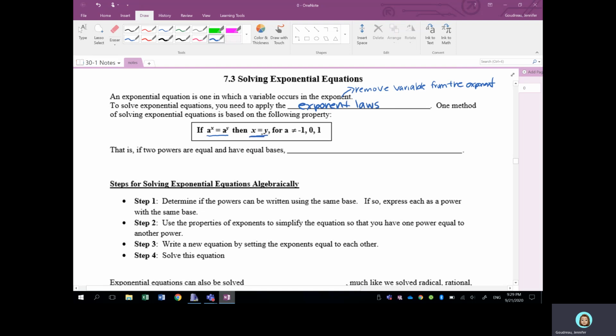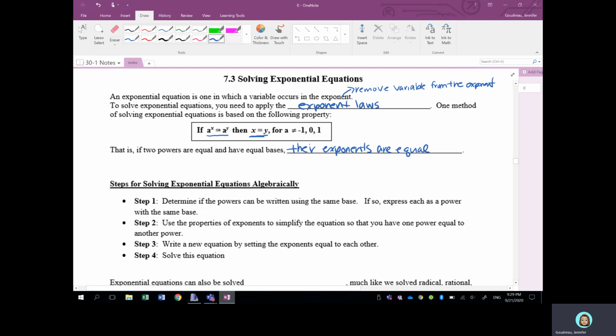That is super important. Basically, if we have two powers that are equal and their bases are equal, that means their exponents are equal.